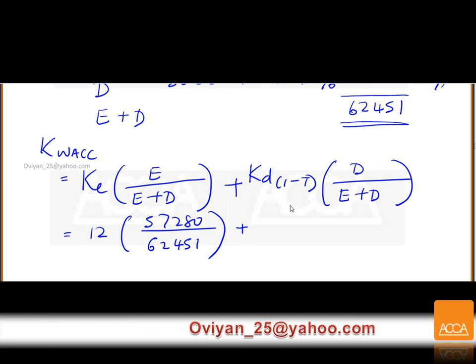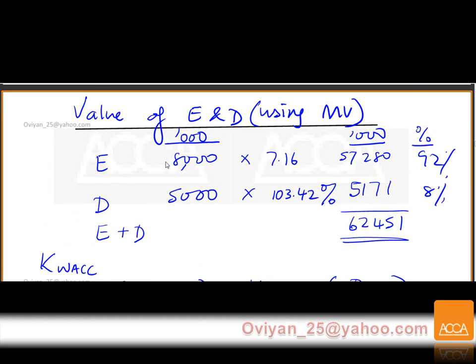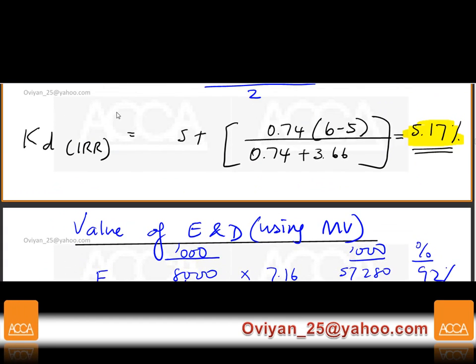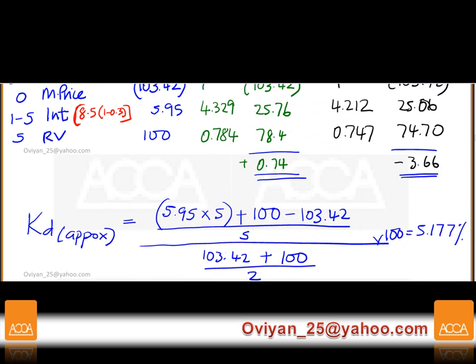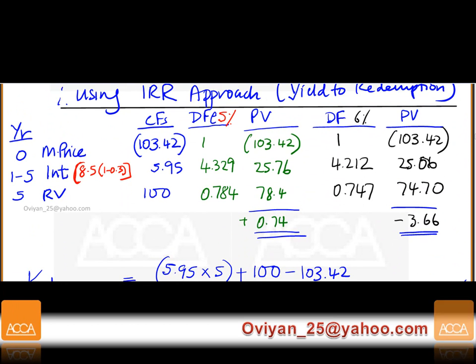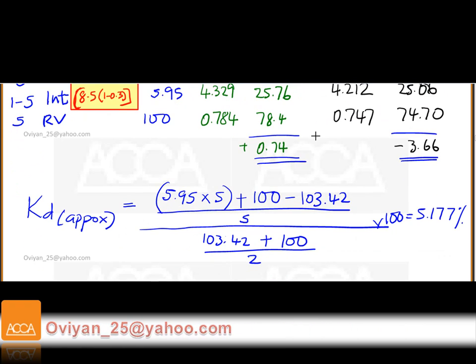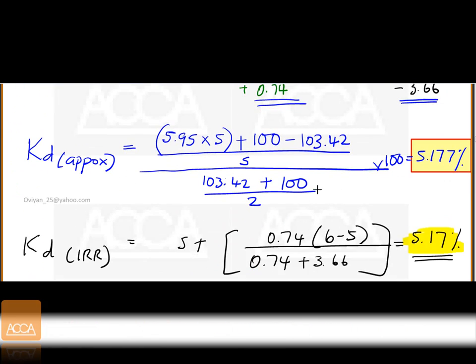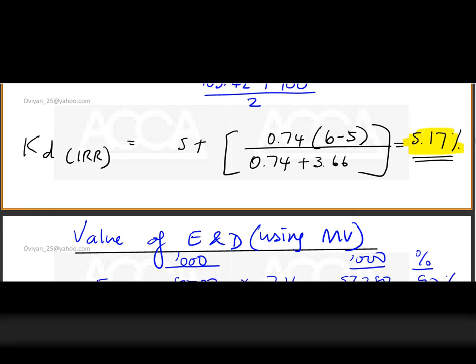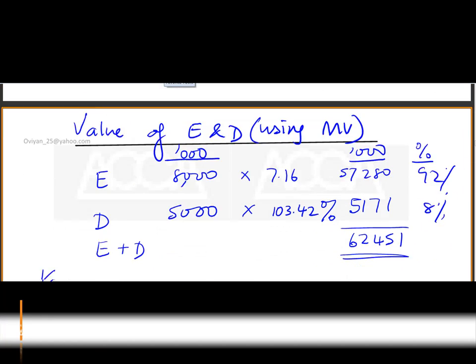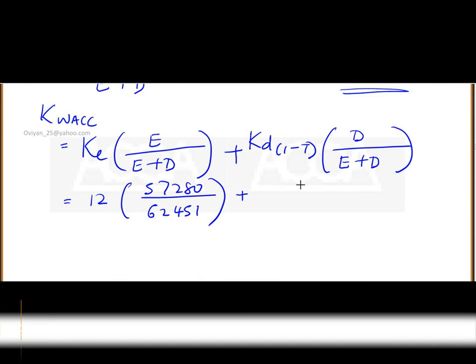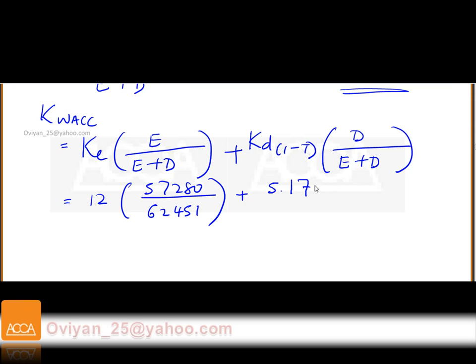plus cost of debt. Now this is after tax. It has to be after tax, and our calculation here that I've done is using an after-tax element. So this is actually an after-tax calculation of cost of debt. So we'll just put in 5.17 or 5.18, whatever method we have used.